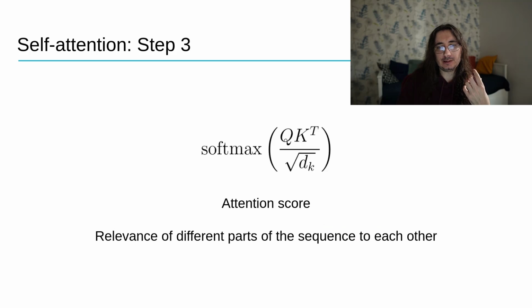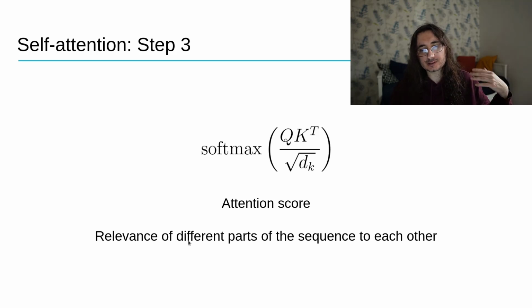Now the meaning of this could be that of an attention score, because basically this matrix provides us information about the relevance of different parts of the sequence to each other. In other words, it gives us information for each word in relation to all the other words.